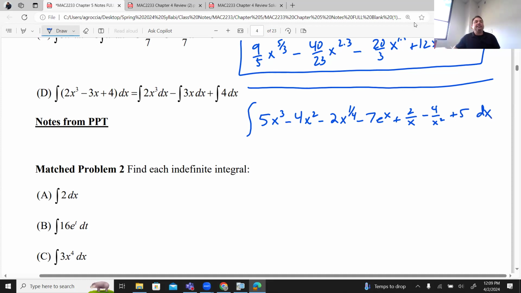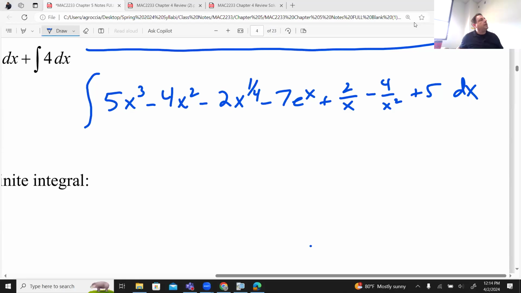Okay, so this is take the integral of 5x to the 3rd minus 4x squared minus 2x to the 1/4 minus 7e to the x plus 2 over x minus 4 over x squared plus 5 dx. Okay, so what I would do is first rewrite it.